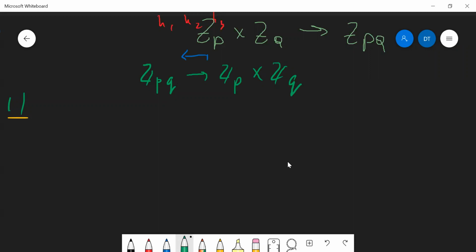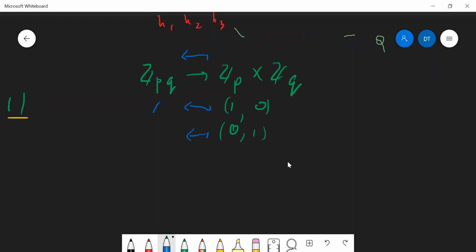So first of all, I want to find elements x and y with this property: x corresponds to the element (1, 0), and y corresponds to the element (0, 1). That's the first thing I want to do. And I do it using this.